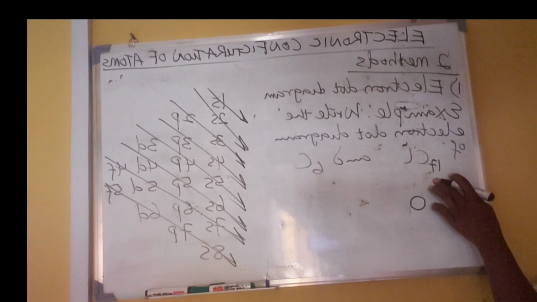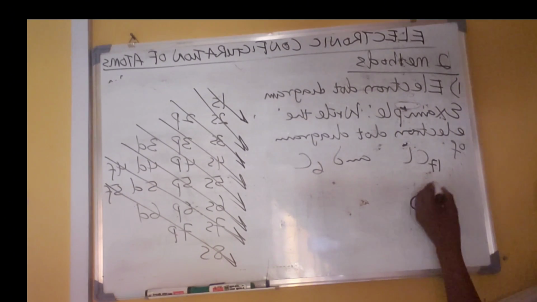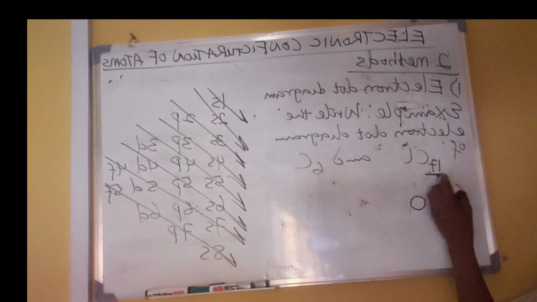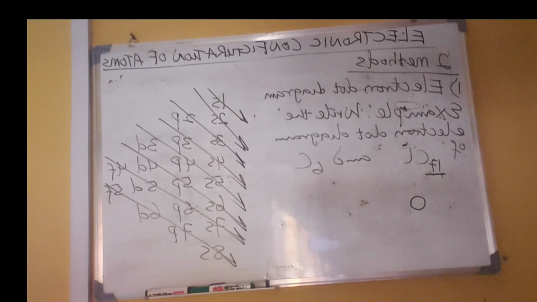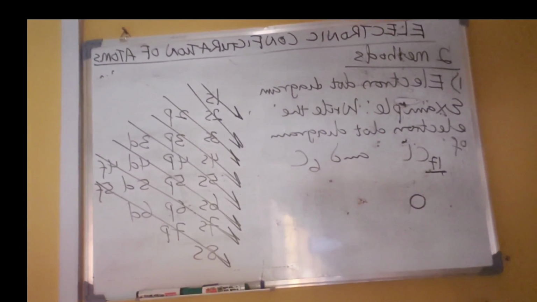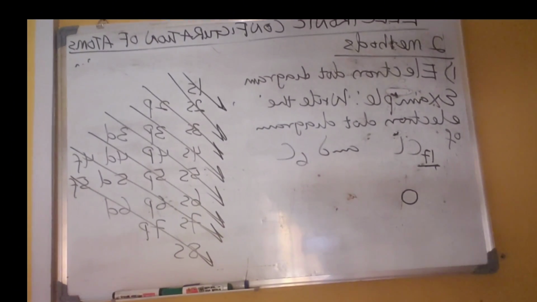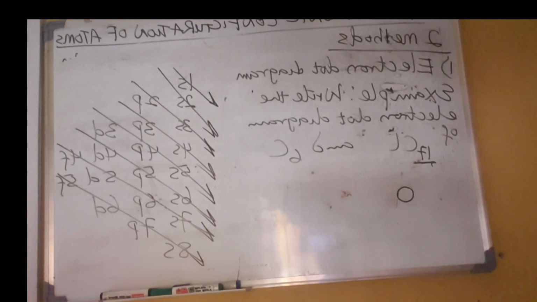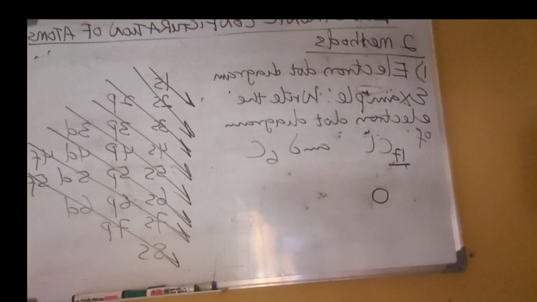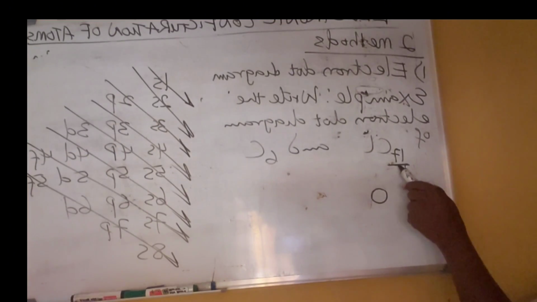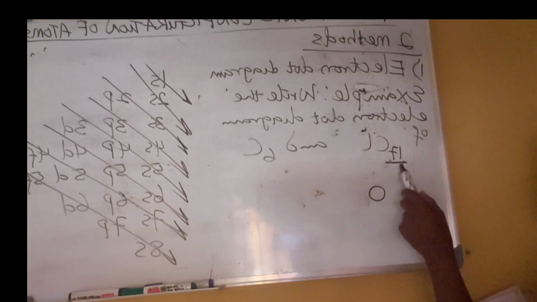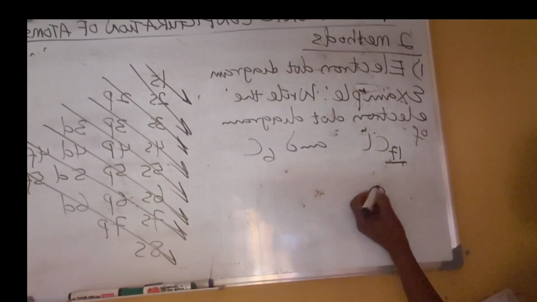We begin with chlorine. Chlorine has an atomic number of 17, and remember that the atomic number or proton number is the same as the number of electrons. So invariably the number of electrons that we have to share is also 17. We start.